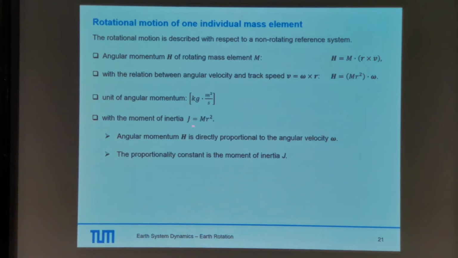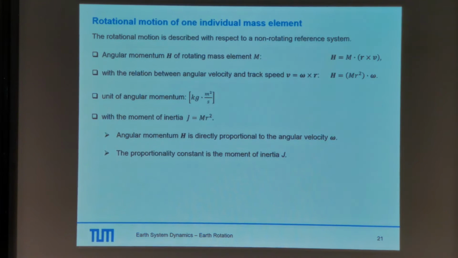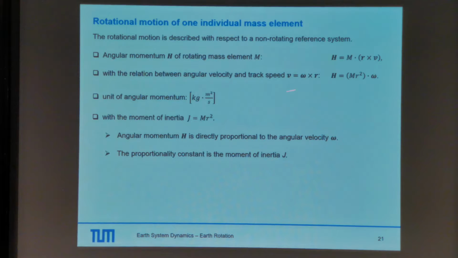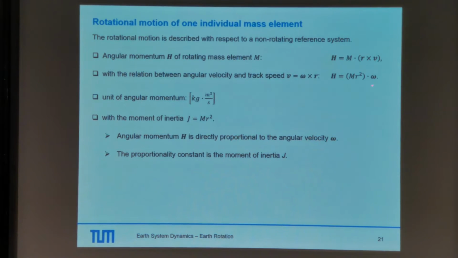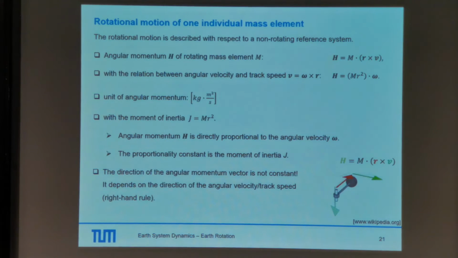And this prefactor, the scaling factor, can be substituted with the moment of inertia, capital J. If we insert this here, we end up with H is J times omega. So we see that omega and H are directly proportional, and that the proportionality constant is the moment of inertia, the factor right in front of the omega.